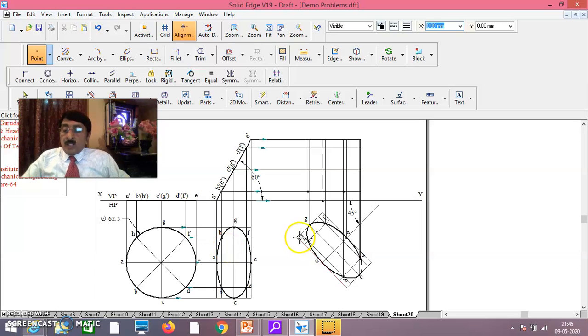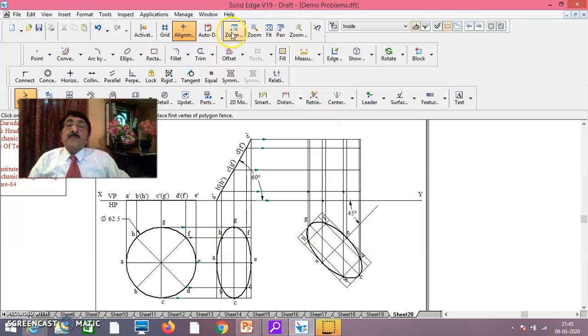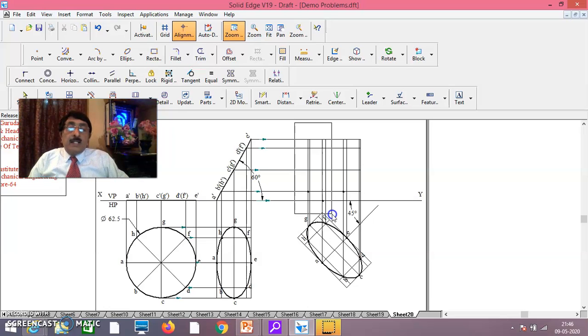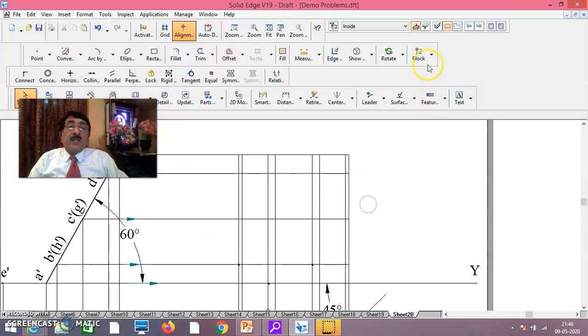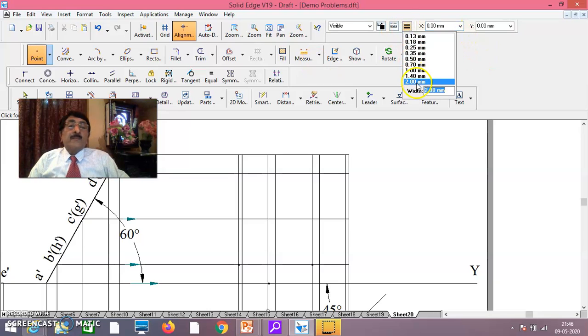Before that, you enlarge this area, zoom the area. This is second and seventh line you take for getting the points. Okay, then point. This is second.